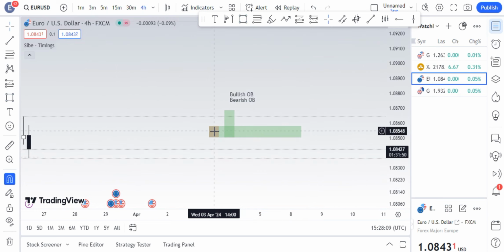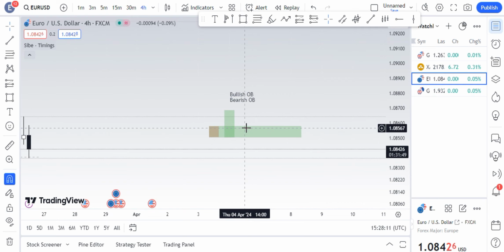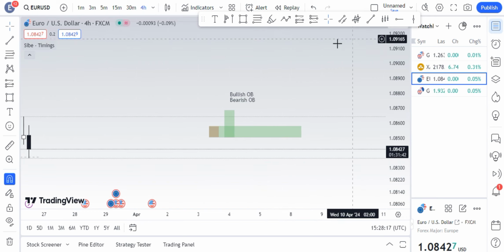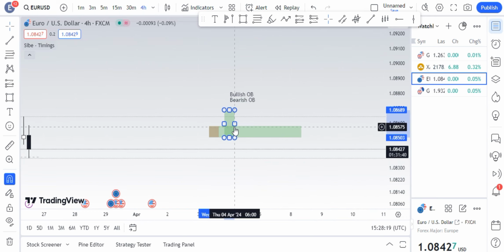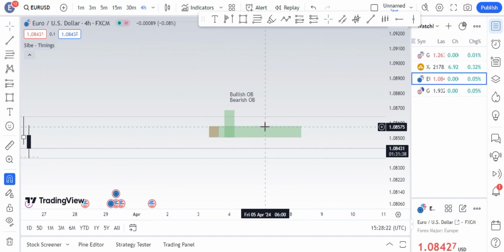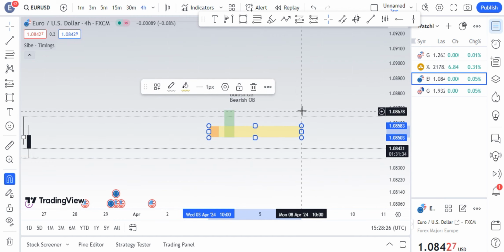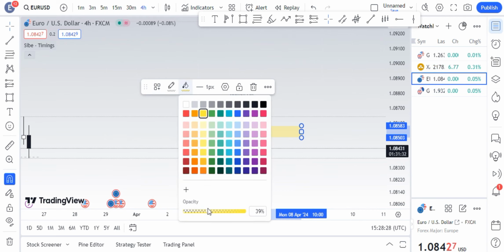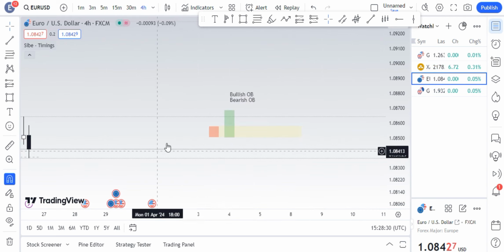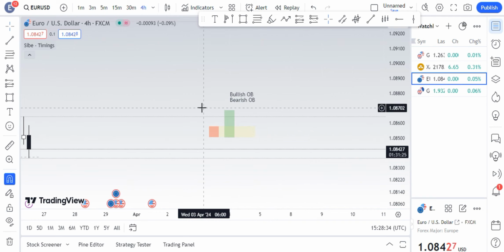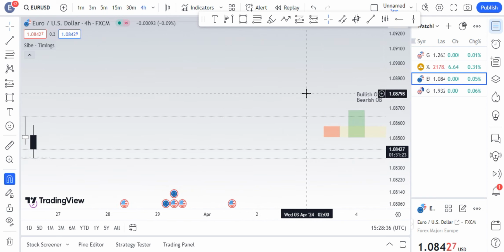It's technically going to be the same thing for the flip side of things. So this is going to be our bullish order block. And for the bearish, let me change this color once again. This entire area will be what we call our bullish order block.